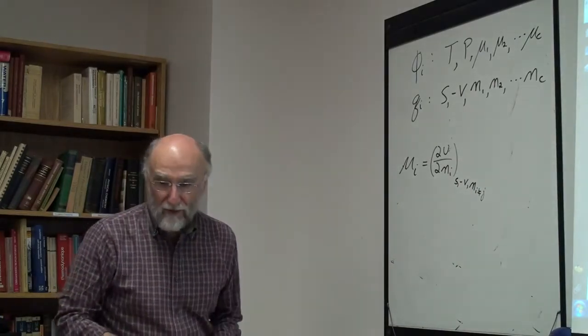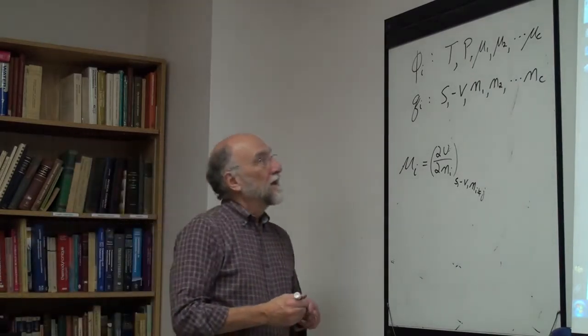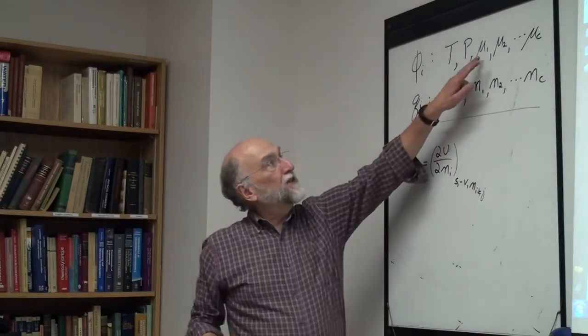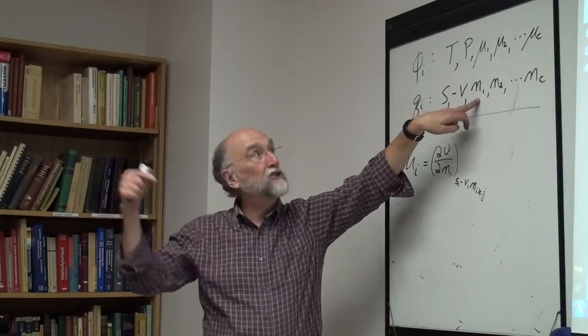You can look back over the first chapter and see that that's the case. But basically this is the chemical potential of 1, and N1 is the quantity that is transferred down a potential gradient.